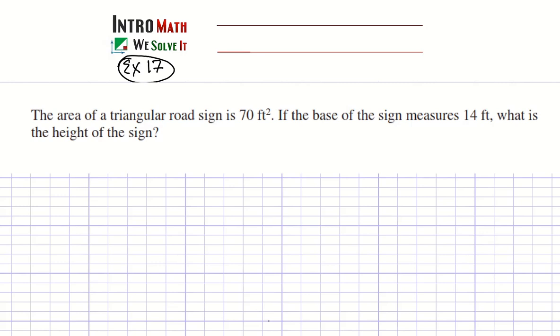Now, they're playing with words there, because in the exam, I think they may give you the area of a triangle, because you gotta understand this is how they normally show you the area of a triangle.